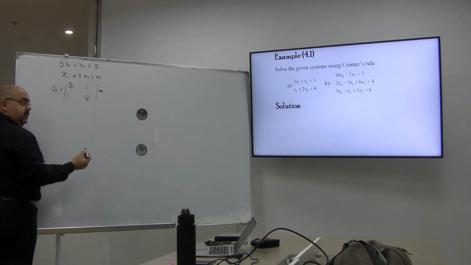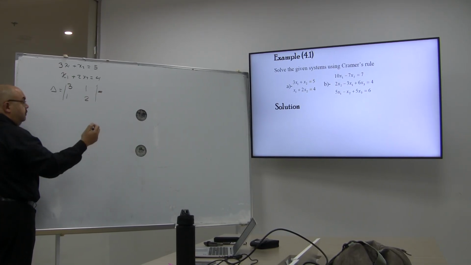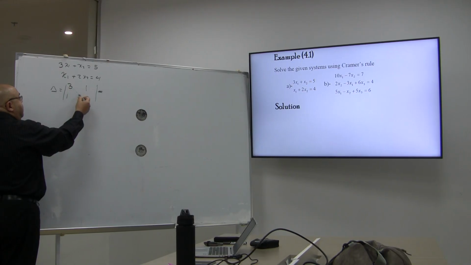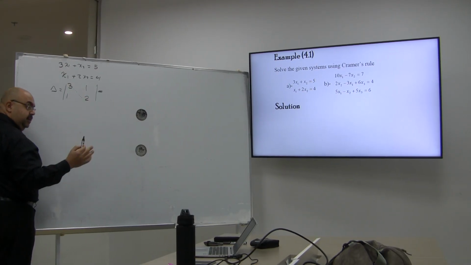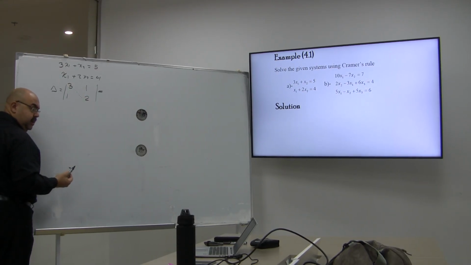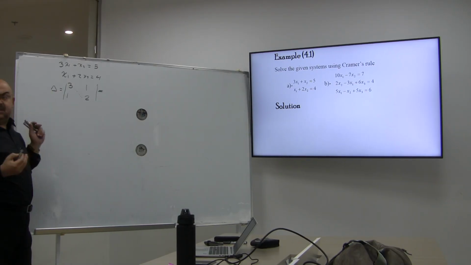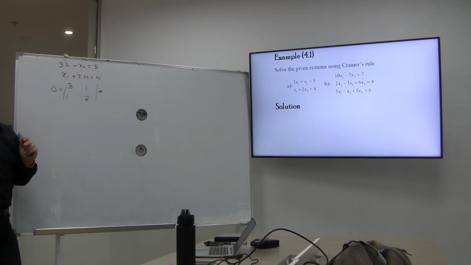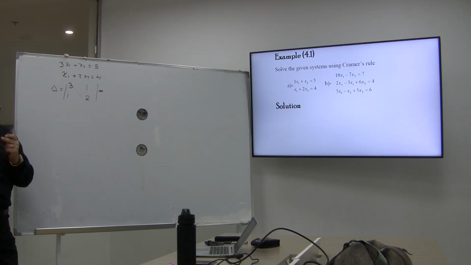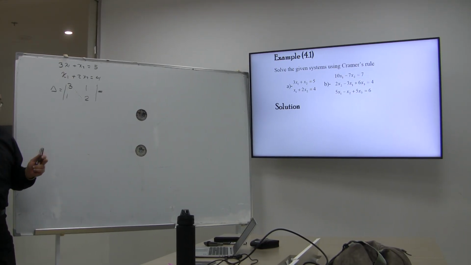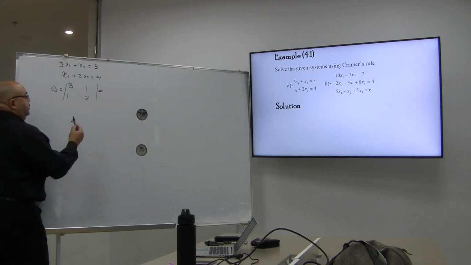How do we evaluate this determinant? We multiply the elements of the principal diagonal minus the elements of the secondary diagonal. I believe in the next lecture I will go step by step into why we do this in detail, once we go to the theoretical part of this chapter.